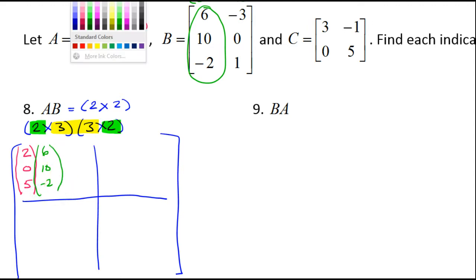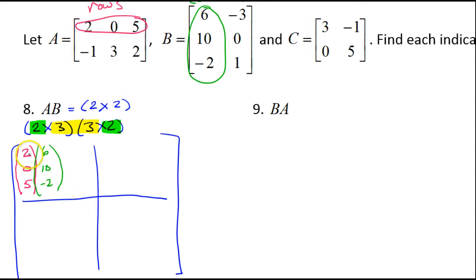Okay, when I multiply these together, I'm going to get 12 and 0 and negative 10. For the final answer, I need to add these up. So 12 and negative 10, that's 2. So this entry is going to be 2.